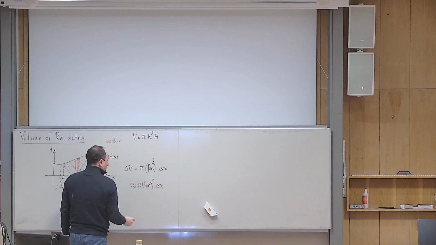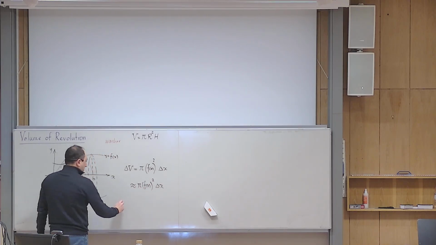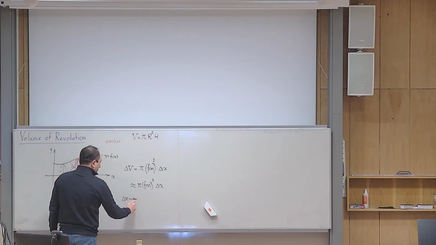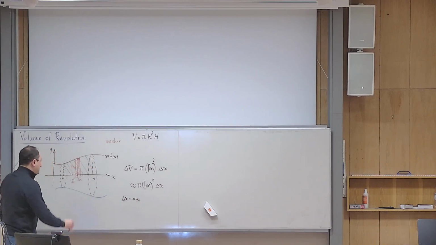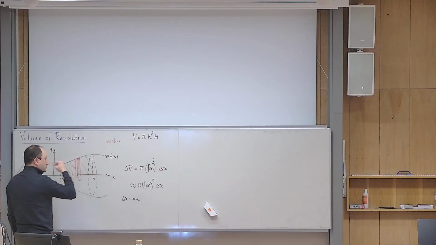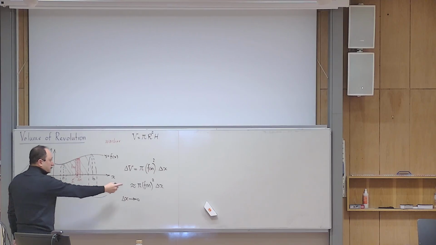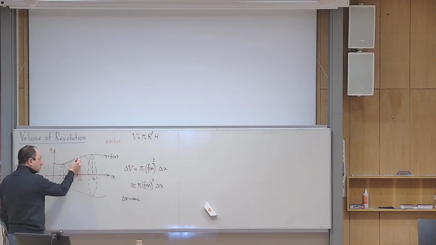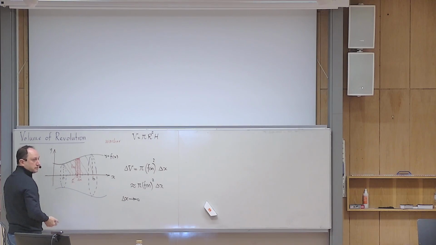Okay, but if delta x approaches 0, in other words, if I increase the number of partitions that I am doing, then I am convinced that this is a good number to approximate that volume. But that volume is only the volume of one part, okay?